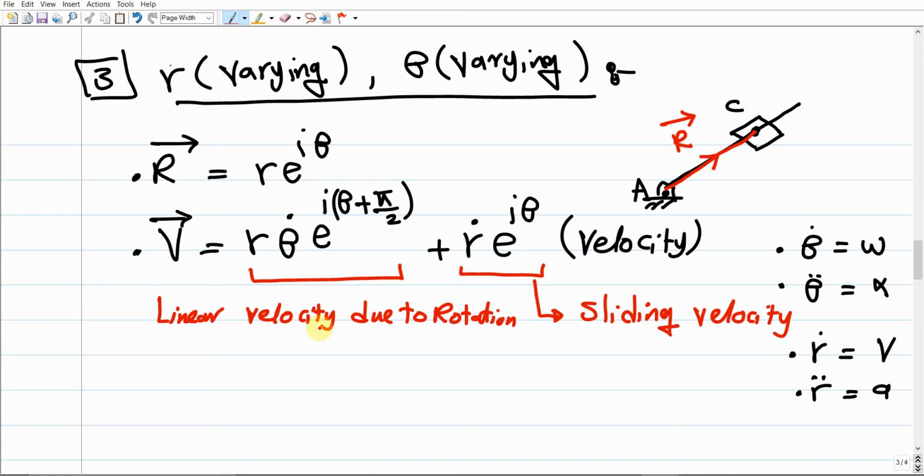So that's why the overall velocity of point C has 2 components. One component in case the point C belongs to the link, the second one in case the point belongs to the slider. Make sense? So this term is known as the sliding velocity, assuming that the point just belongs to the slider. This one is assuming that the point belongs to the link itself.